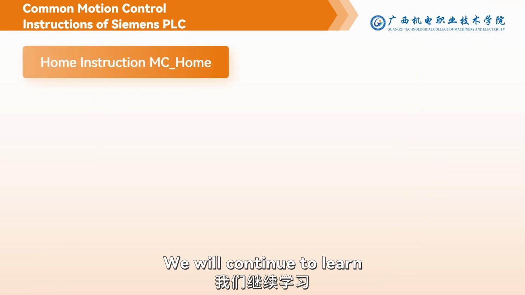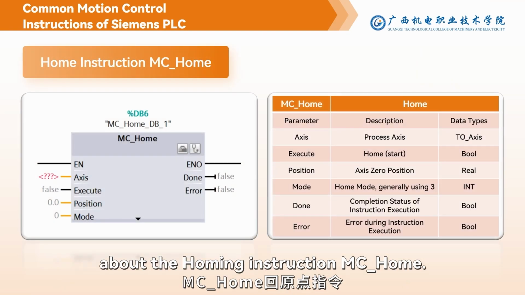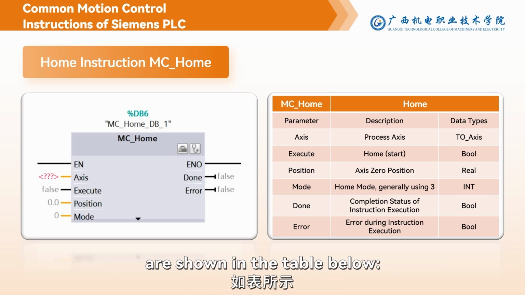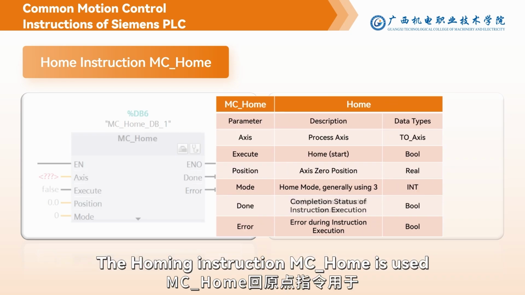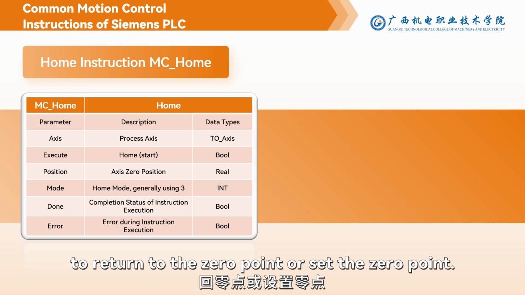We'll continue to learn about the homing instruction MC Home. The pin functions and parameter descriptions are shown in the table below. The homing instruction MC Home is used to return to the 0 point or set the 0 point.